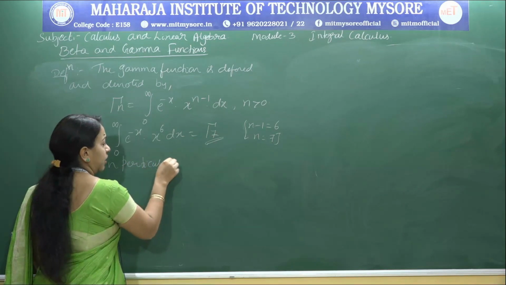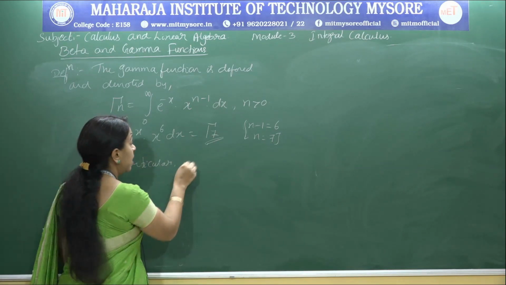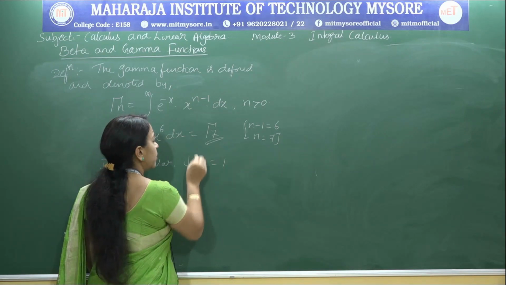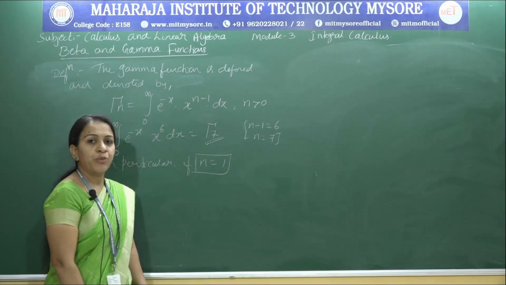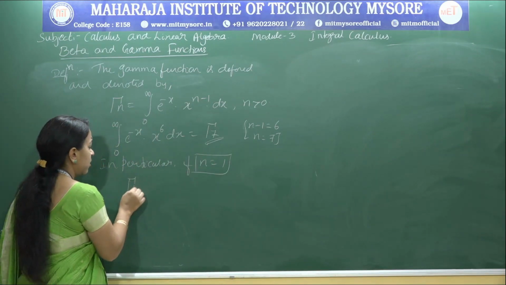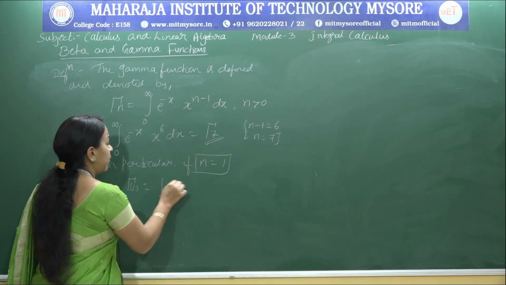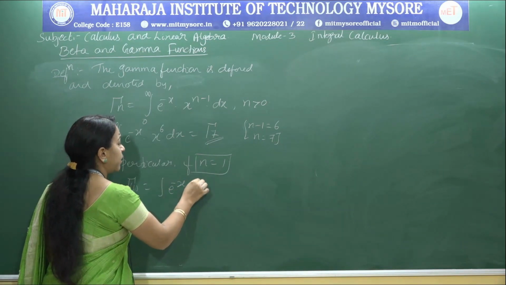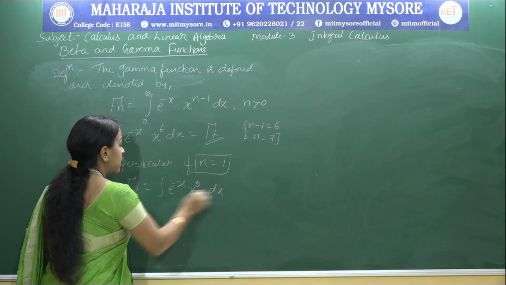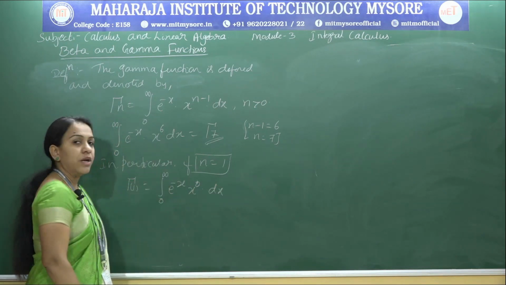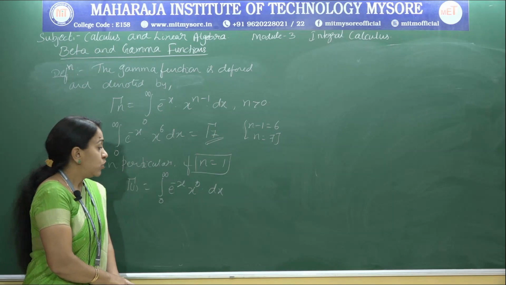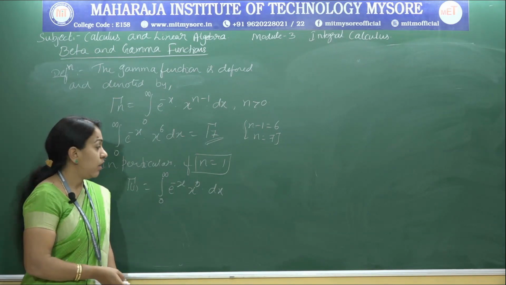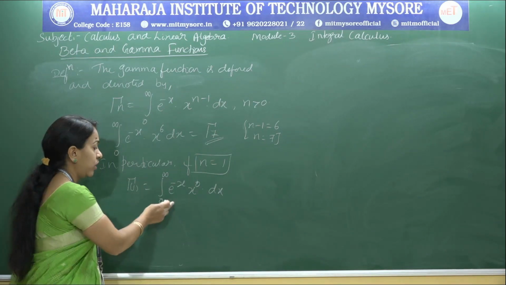In particular, I need a particular result. What is that? Yes, if n is 1, what is gamma 1? Gamma 1 is the integral of e power minus x into x power 1 minus 1, which is 0, dx between the limits 0 to infinity. So, if I define the gamma function for n equal to 1, we are getting this.